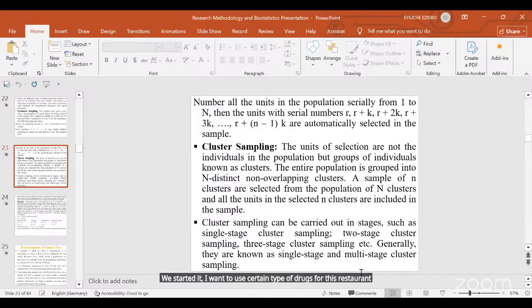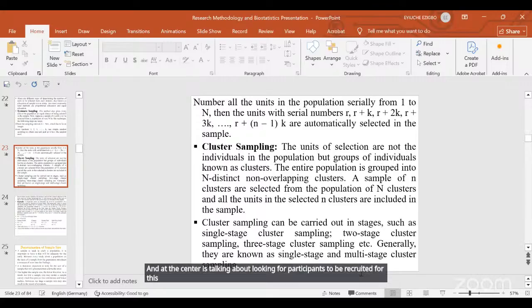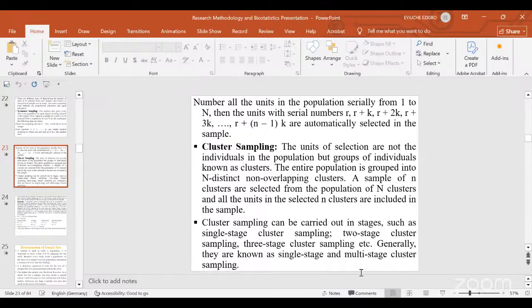As the researcher is moving about looking for participants to be recruited for this particular study, there are certain persons the researcher will see who don't possess the characteristic required in the study, and as a result are excluded. I'm sure it's understood. Because of that, the researcher decides before he begins to recruit participants on the kind of persons that he wants to use.